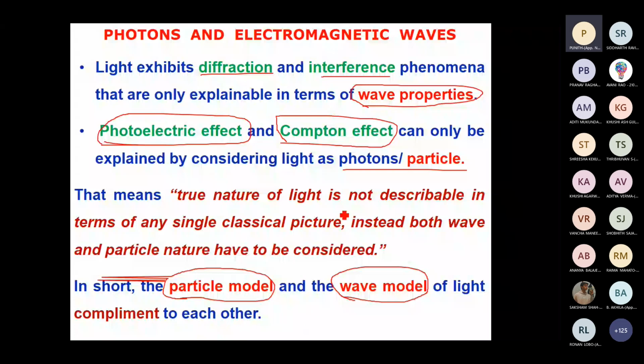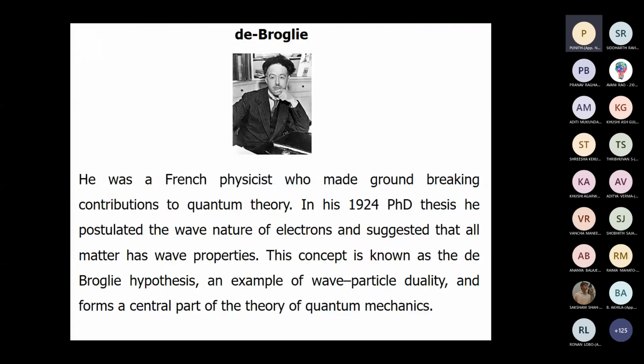If you see the evolution of quantum mechanics, most of the things were happening in Europe, and you should look at the years carefully. Now here comes a well-known person, de Broglie, a French physicist.